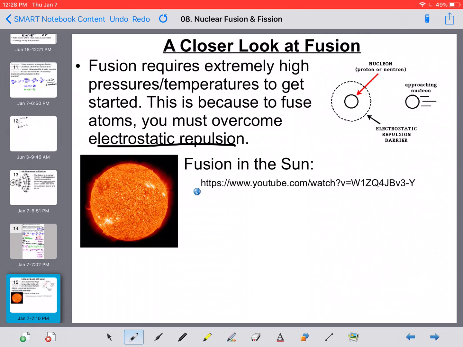So remember that if you have a nucleon, so this is a proton or neutron, and you have an approaching nucleon, in this region out here that I'm shading over, they will be repelling one another. If you want to, pause the video and watch the fusion in the sun link and then come back, that would be good.